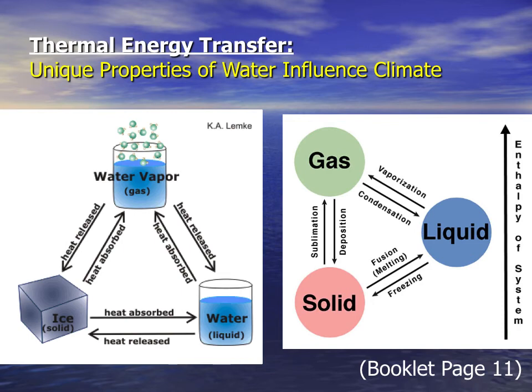We have water vapor, water liquid, and then solid ice on our leftmost diagram. This visual is just trying to tell us that when water vapor, or a gas, becomes a liquid, heat is released. Or when water evaporates and becomes water vapor, heat is absorbed, okay?